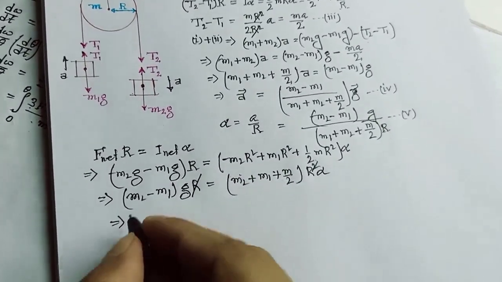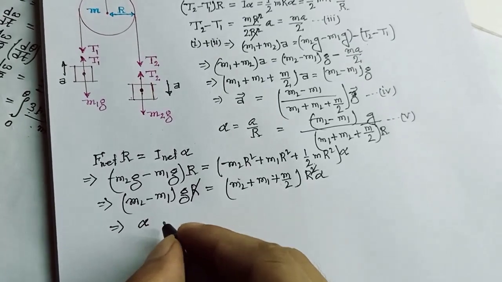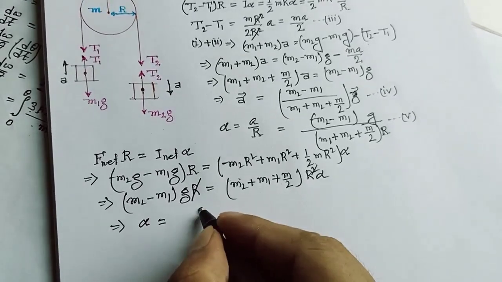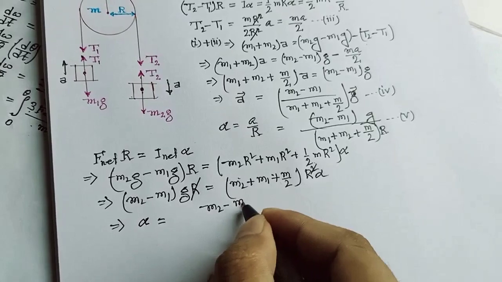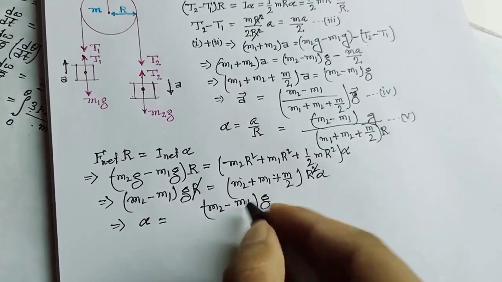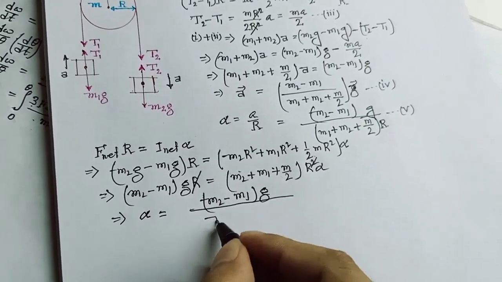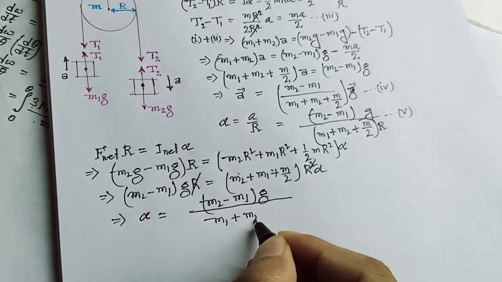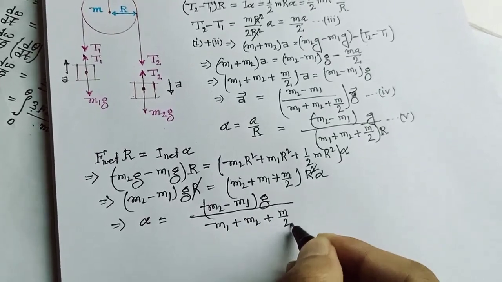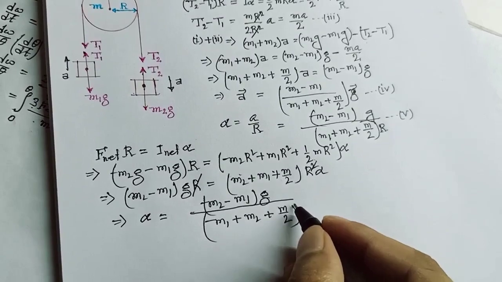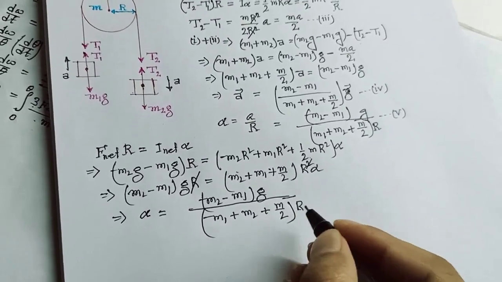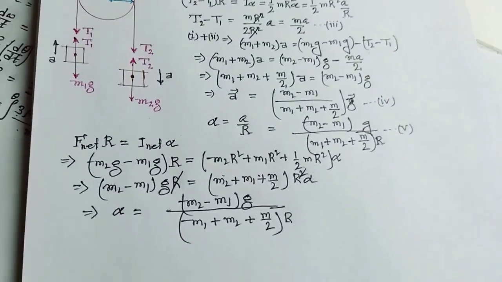After cancelling, we can find the value of angular acceleration alpha, which will be equal to (m2 - m1) g divided by (m1 + m2 + m/2) into r. This is our required value for angular acceleration.